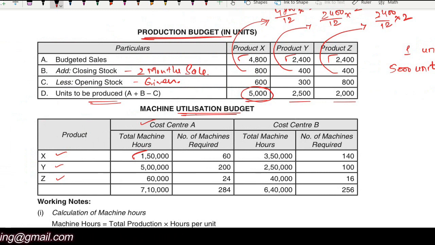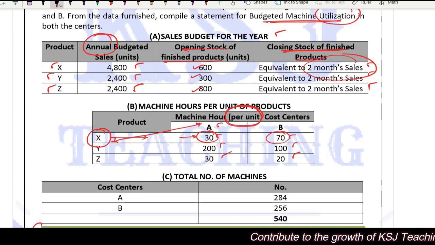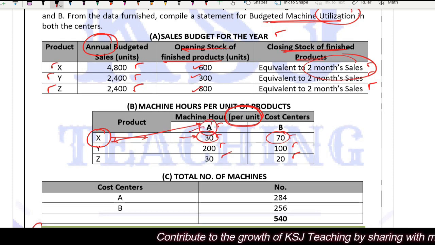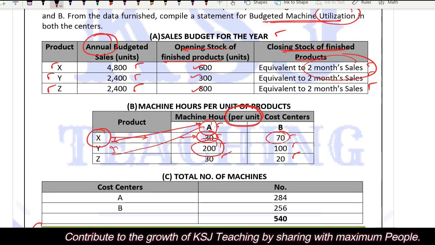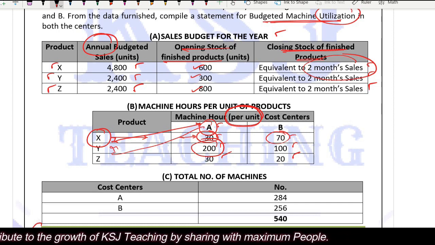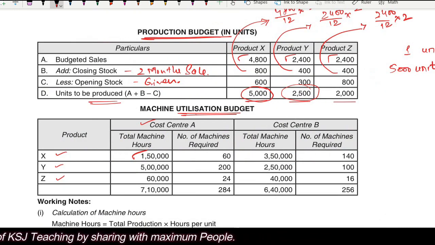Similarly, for Y in the cost center A, you want to manufacture 2,500 units. For 1 unit of product Y in cost center A, 200 hours. So 200 multiplied by 2,500 will give you 5 lakhs.